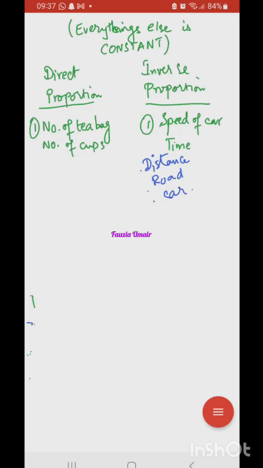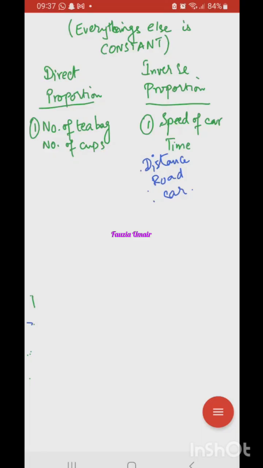Apart from the two things we are comparing in the question, all the rest are considered constant. When comparing speed and time, we assume the same car, same distance, same road, same petrol or diesel. The rest of all the things are constant.